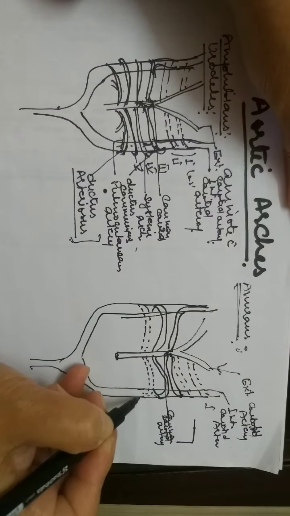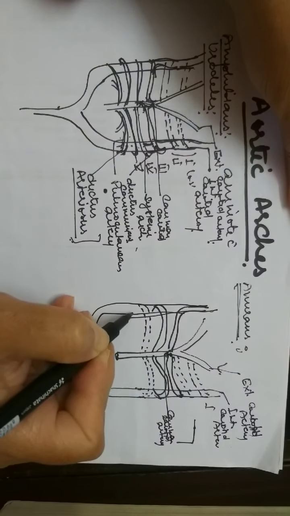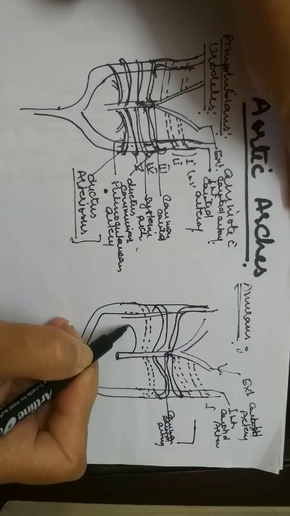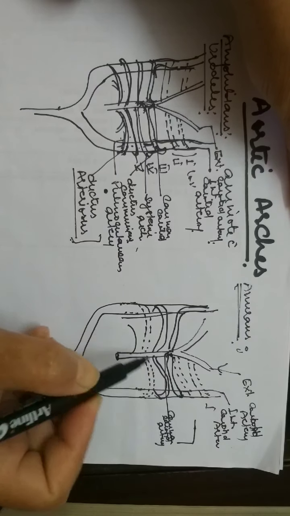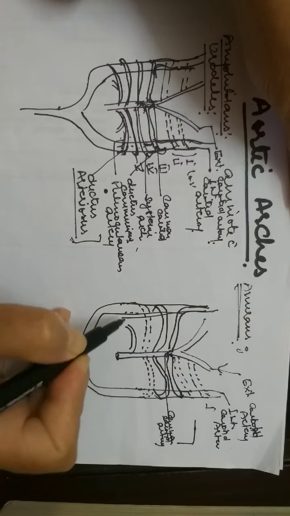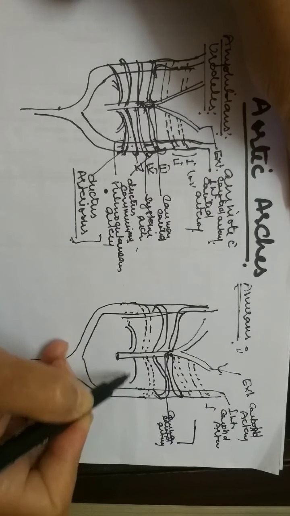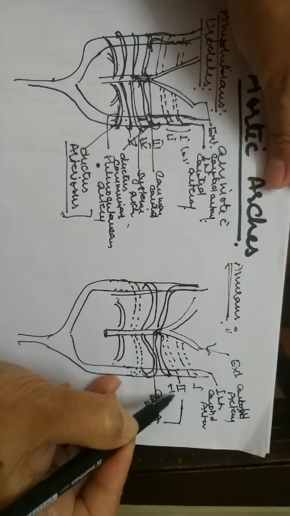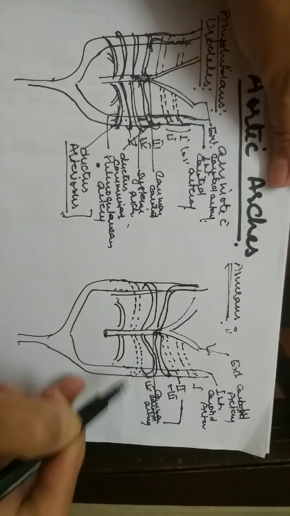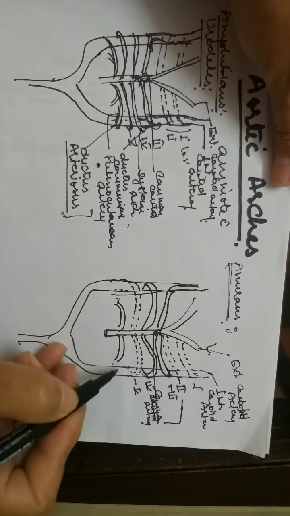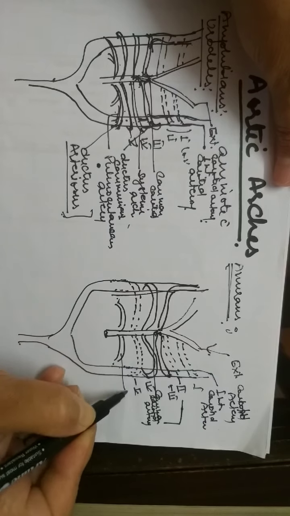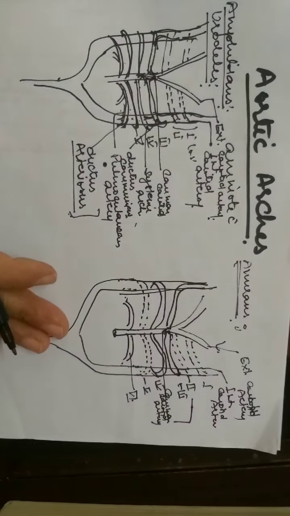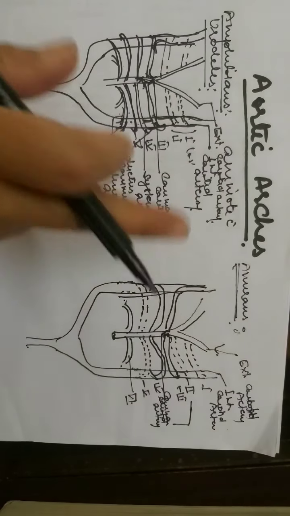That means there would be no connection, and you can make it with the dotted line, and this is the sixth one. So this connection is lost, and this is the sixth aortic arch. First, second, third, fourth, fifth lost, and this particular connection is lost, and this is the sixth aortic arch, and that is the case in anurans.